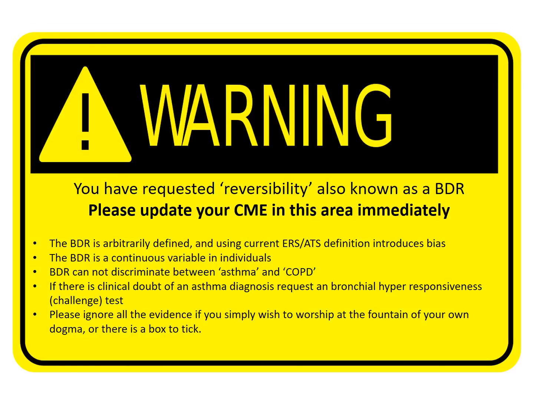I would say you need to have the referrers know that the bronchodilator response is an arbitrarily defined response, and using the current ERS-ATS definition introduces bias, mainly towards tall men.